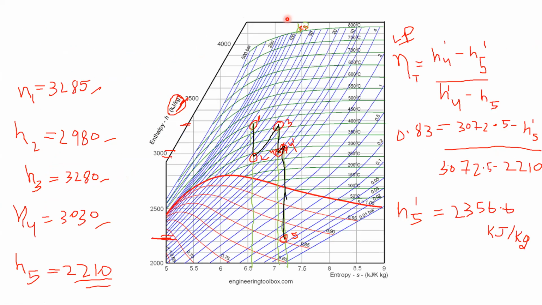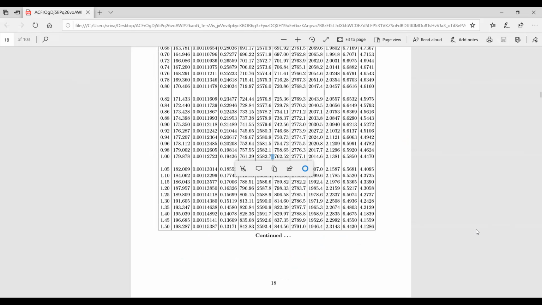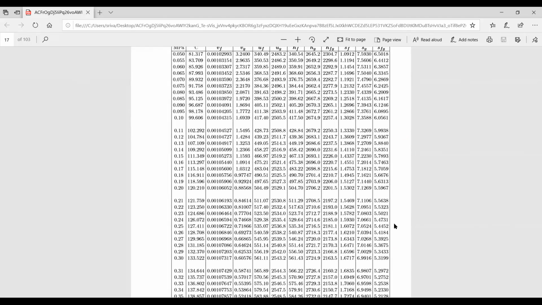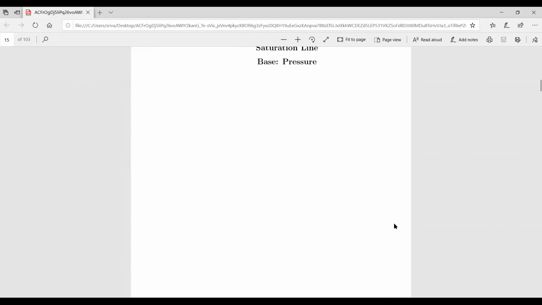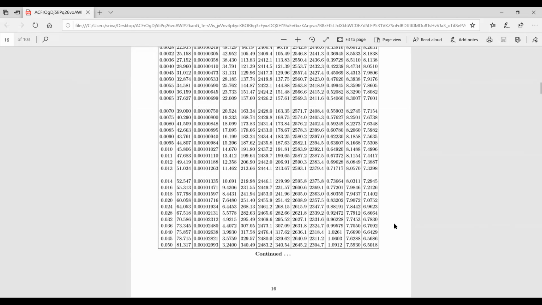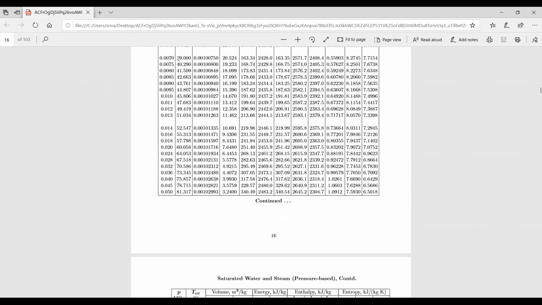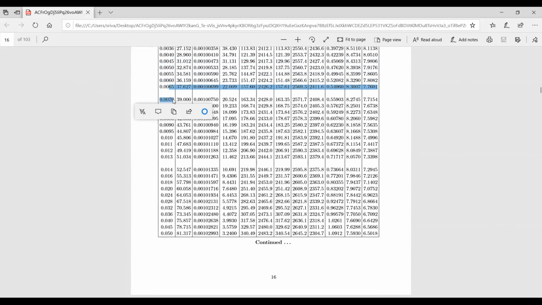I am just opening the steam tables again, going to 0.07 bar pressure. For that, I have to take the value of HF. 0.07 bar means 0.007 megapascals.